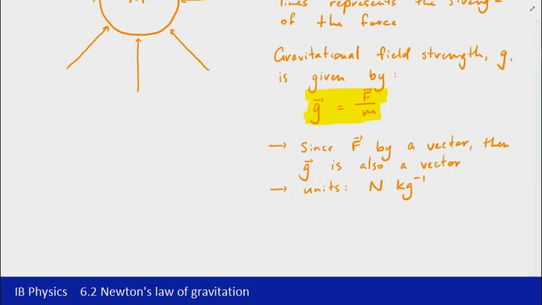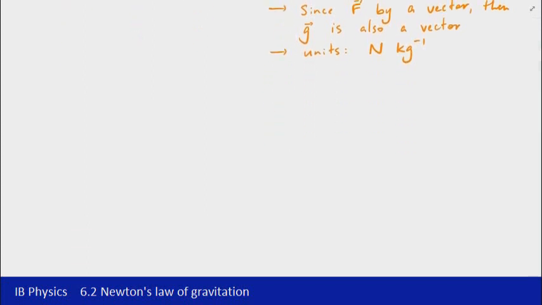Now I just want to note that value of g, the lowercase g, there's a potential area of confusion here. We've got this value of g as being equal to 9.81 meters per second squared on the surface of the Earth.